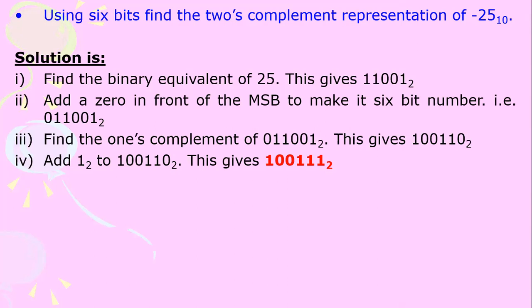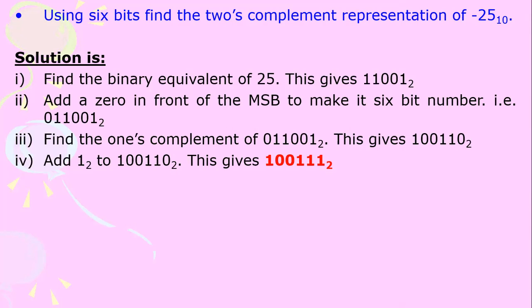So when we add 1 to 1, 0, 0, 1, 1, 0, just as we have seen in my previous example, then we shall get 1, 0, 0, 1, 1, 1 binary.